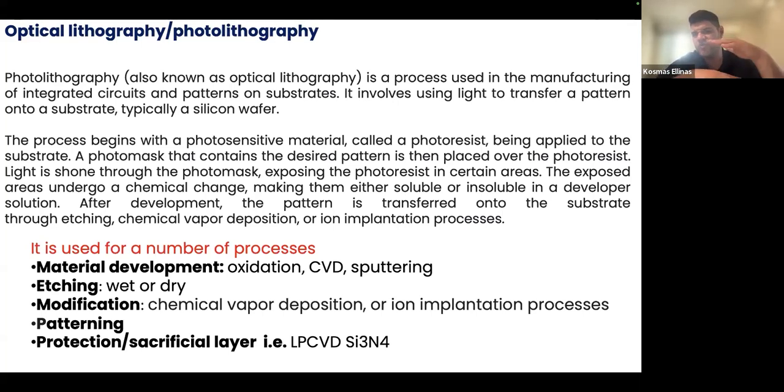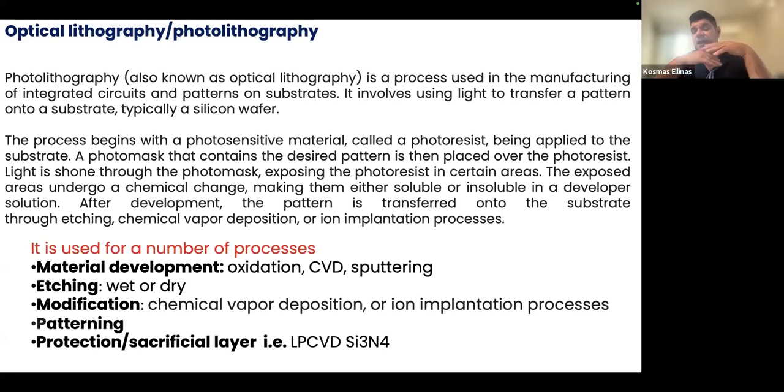Then we expose this photoresist, which has been applied on our substrate, through the mask, and we expose certain areas. These exposed areas, depending on the type of the photoresist, undergo a chemical change that makes them soluble or insoluble to another solution that will be applied at the end.